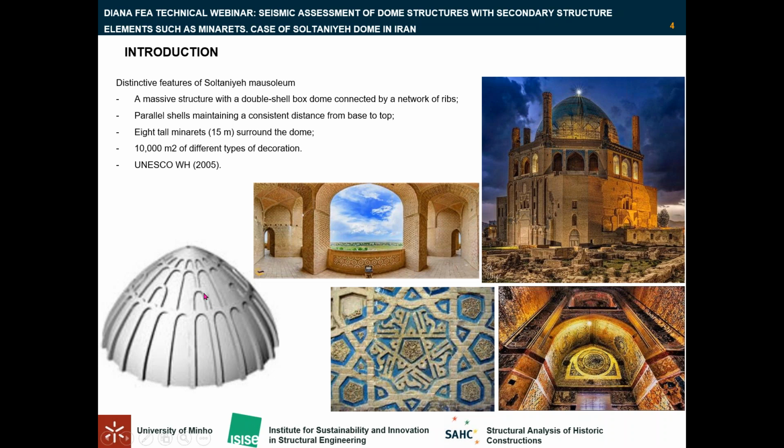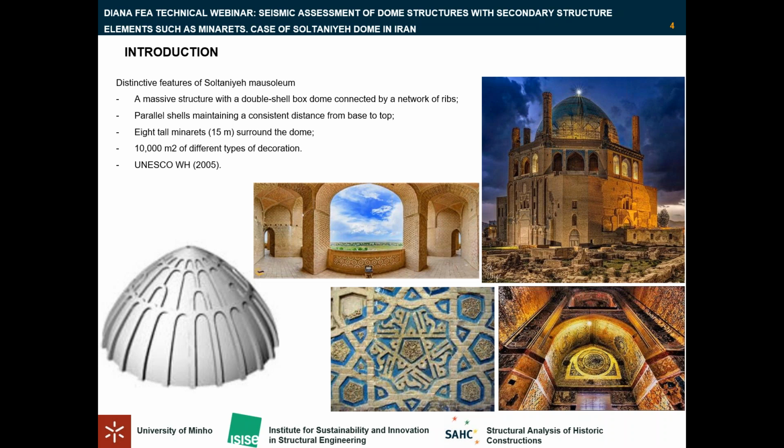Notably, the double shell dome of the structure presents a particular dome construction technique in which the two shells, which are parallel, are connected through a network of ribs, as you can see in this picture. Furthermore, the dome is surrounded by 8 minarets, as you can see here. Each of these minarets has a 2.5 meter diameter at base and an original height of 15 meters.